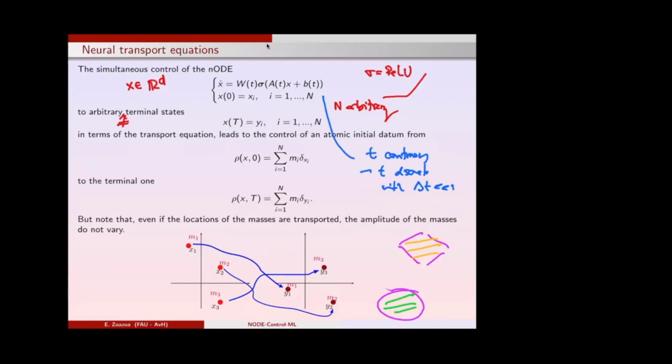So now this property of simultaneous controllability of the neural ODE, which as a corollary guarantees the classification property of this neural ODE, the central topic in supervised learning, can also be understood in the context of transport theory.